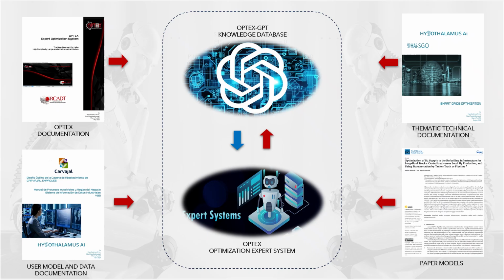The latter information system integrates the following sources of data: the expert system of OPTEX, OPTEX documentation, all its manuals and supplementary documents, technical thematic documentation from different sources, the main one being HI's white papers, as they are aligned with HI's holistic vision, papers of journals, research reports, and information from the models developed by HI, and the user database. In this way, modelers and users will be able to use the new OPTEX-GPT interface.